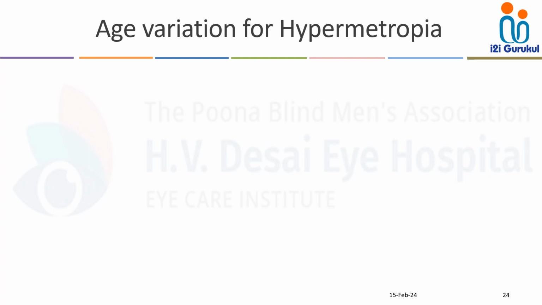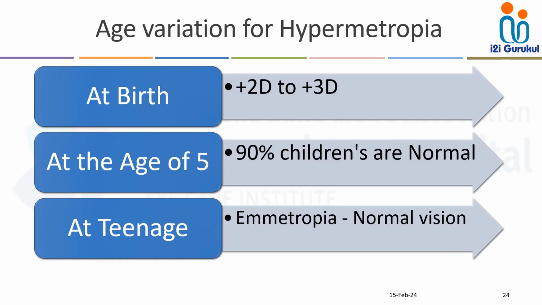Now, what are the changes that occur with age, which can vary your hypermetropic condition. Normally the eyeball has an average length of 24 millimeter, and in the hypermetropic condition the size will be smaller than normal at birth. When the baby grows, the eyeball also grows. At birth you may find +2 to 3 diopter of refractive correction.